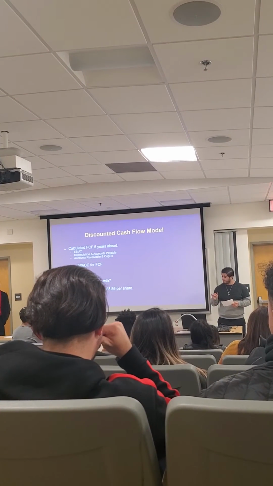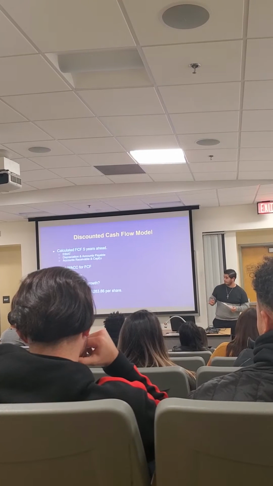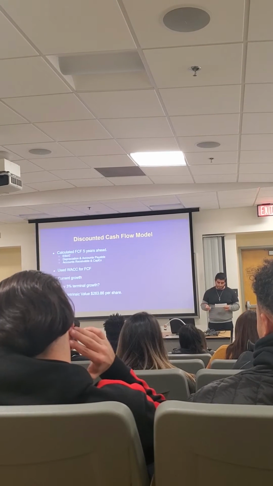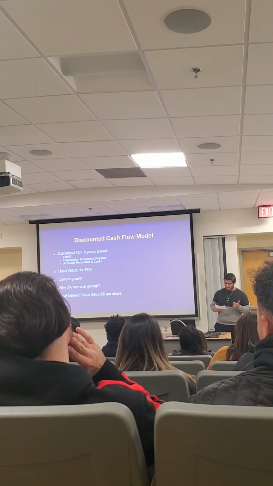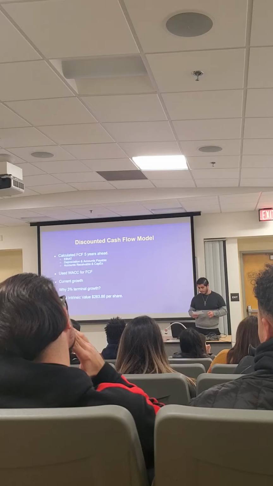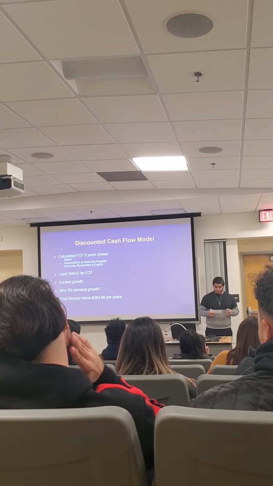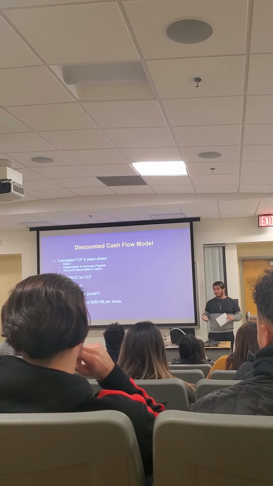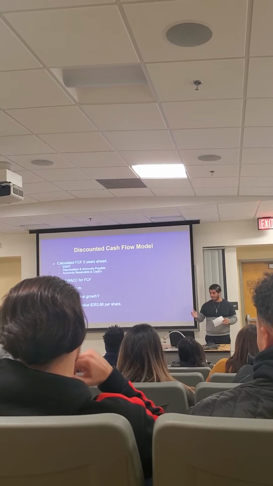And next, we use the WACC calculation that Maya talked about for the free cash flow to get the present value. So since Visa is growing at about 20% per year, we couldn't use that since it's not gonna always grow at 20% for the rest of its life.